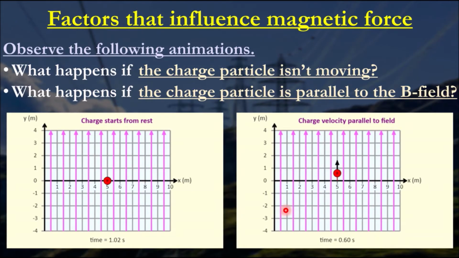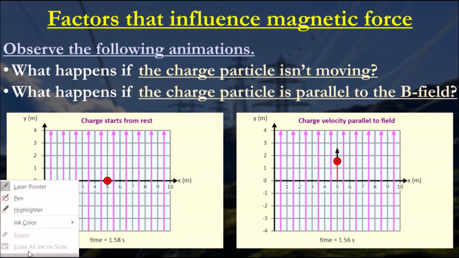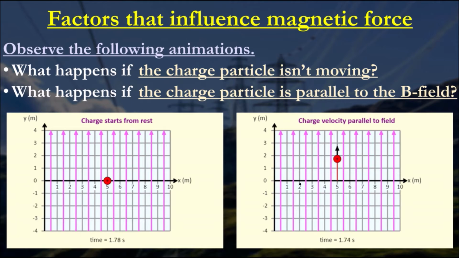But if we have a look here, you can see the charged particle, there's no deviation in its motion. So if there's no deviation in its motion, then there can't be an acceleration. So no change in direction would imply no acceleration.